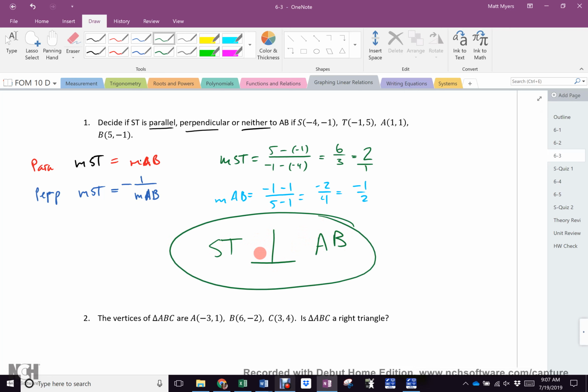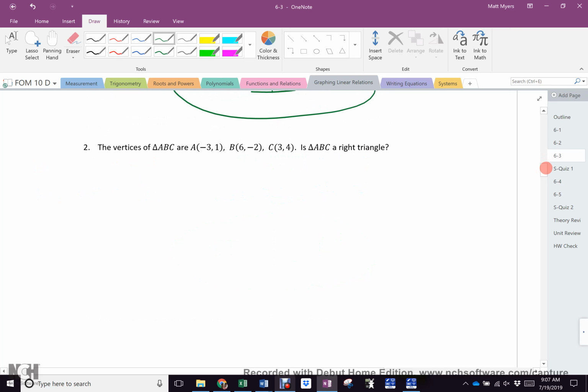Everybody good? All right. Let's look at number 2. What would prove that this is a right triangle? What does a right triangle have to be a right triangle? It has to have a right angle, yes? Now, if it's a right angle, that means it's perpendicular, yeah?